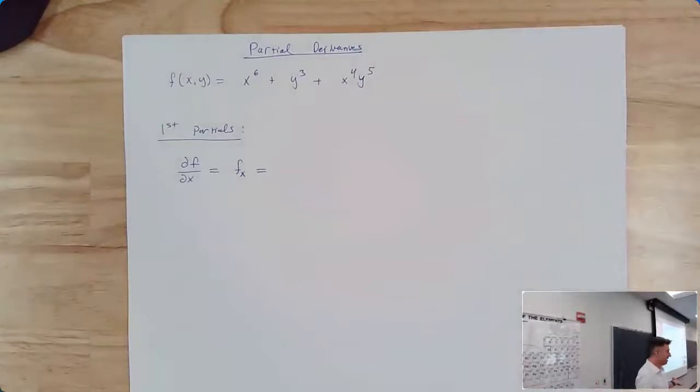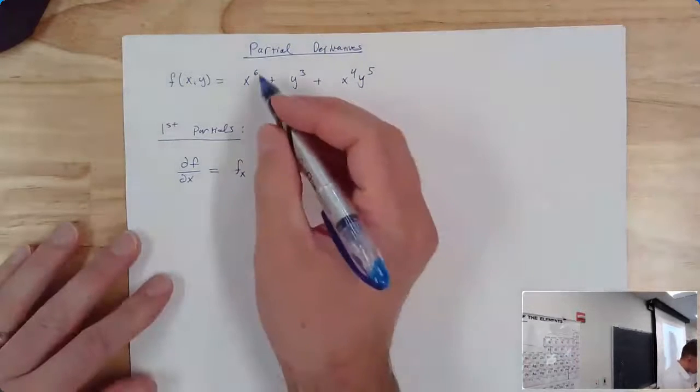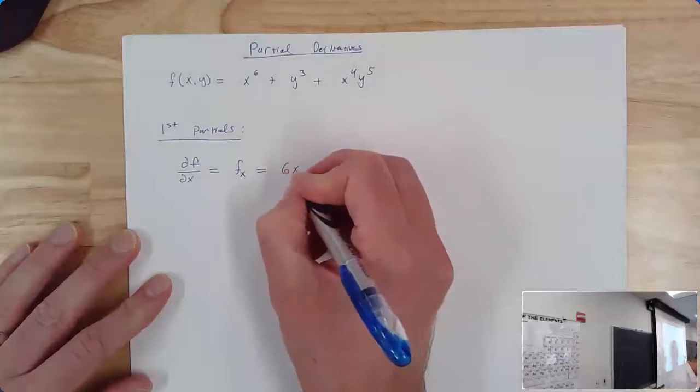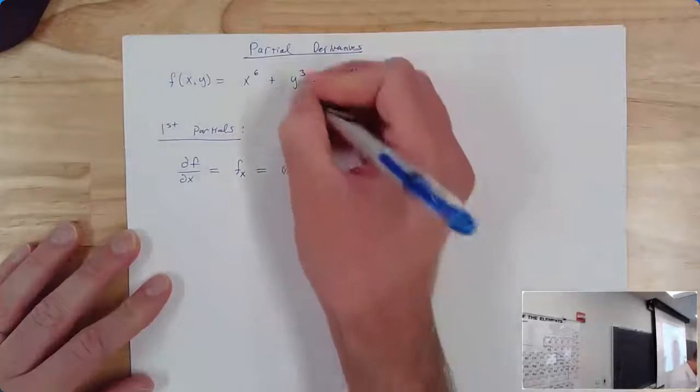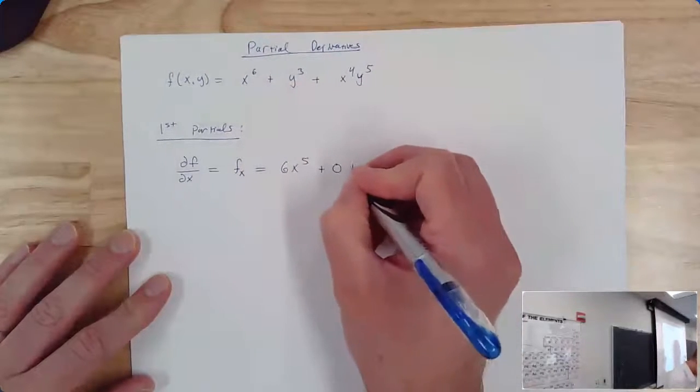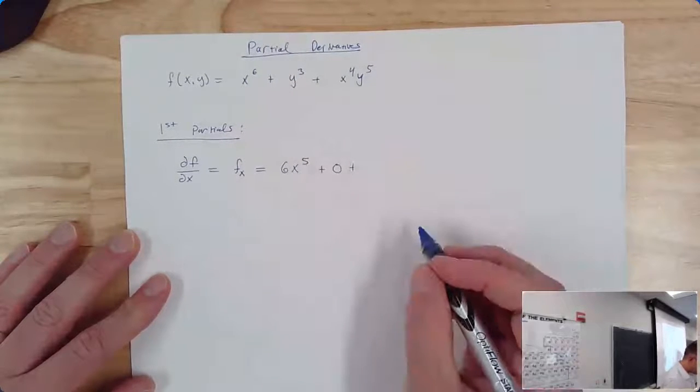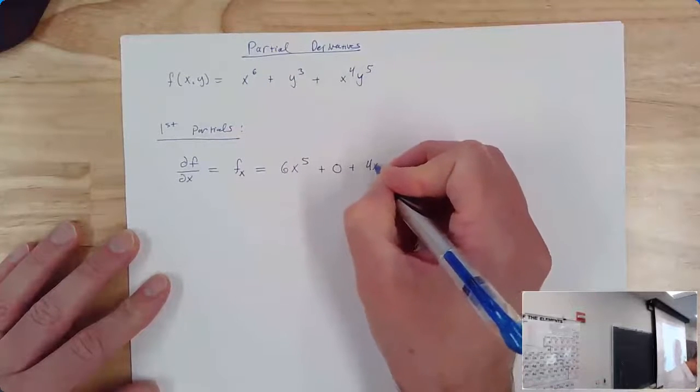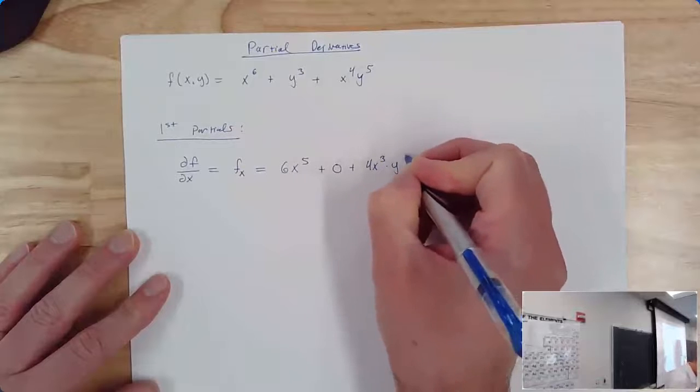And then the whole idea is just that we are treating x like a variable and everything else like a constant. So y is a constant, any other variables are constants, regular constants are constants. So here the derivative of x to the 6th is going to be 6x to the 5th. The derivative of y cubed is going to be 0. And the derivative of x to the 4th times a constant is going to be 4x cubed times that same constant.